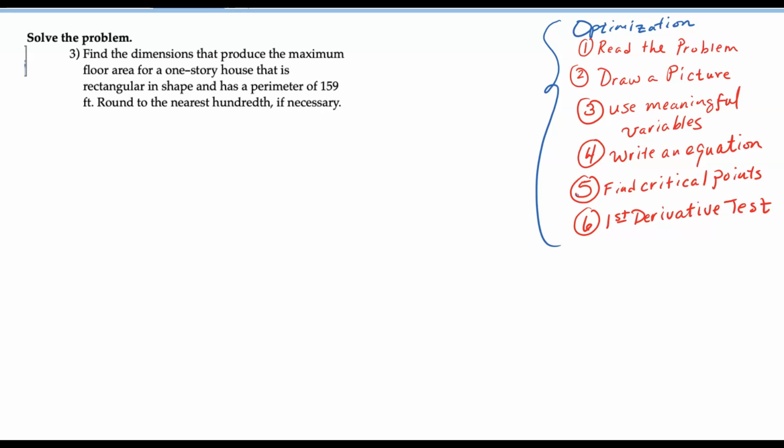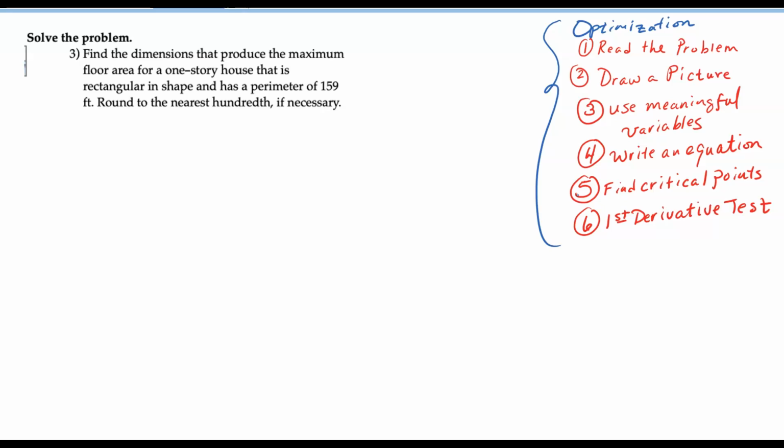We find any critical points by taking the derivative, either setting it equal to 0 or finding where it's undefined. And then lastly, we apply the first derivative test to find the minimum or the maximum values. And of course, wrapping it all up, you have to back substitute and find what it is that you're missing.